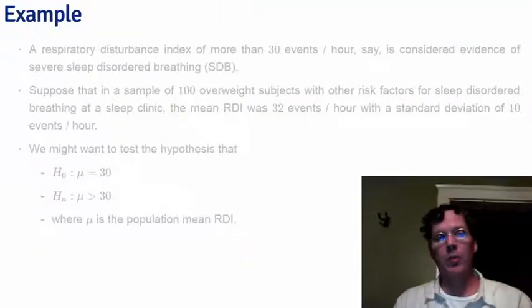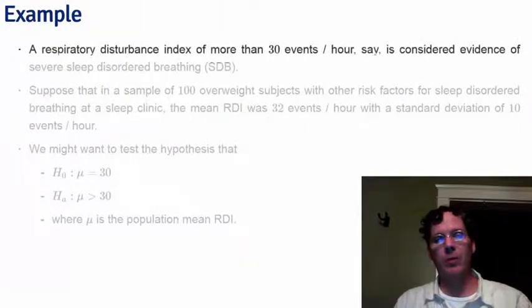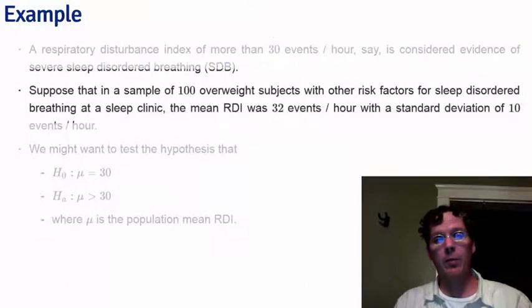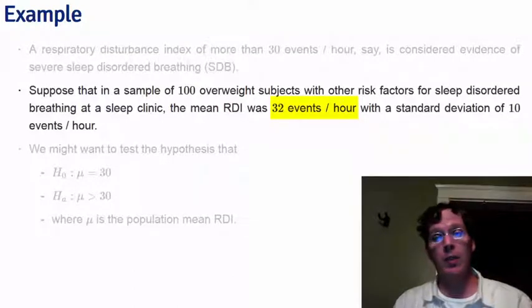Let's motivate hypothesis testing with a straightforward example. A respiratory disturbance index, RDI, of more than 30 events per hour is considered evidence of severe sleep disordered breathing. Suppose that in a sample of 100 overweight subjects with other risk factors for sleep disordered breathing in a sleep clinic, the mean RDI was 32 events per hour. So the sample mean RDI was 32 events per hour with a standard deviation of 10 events per hour.